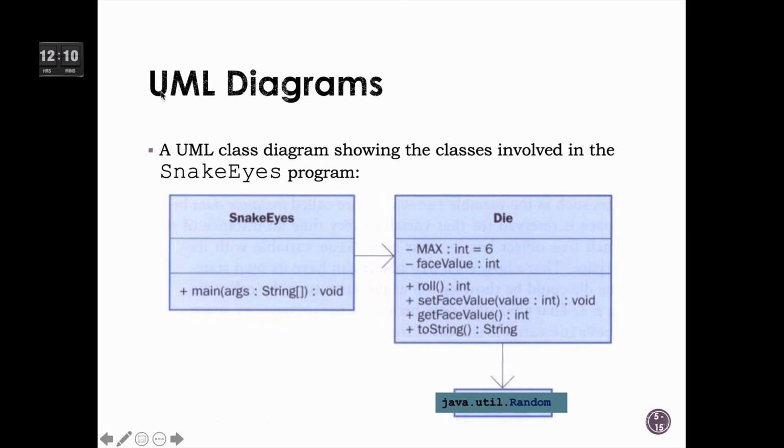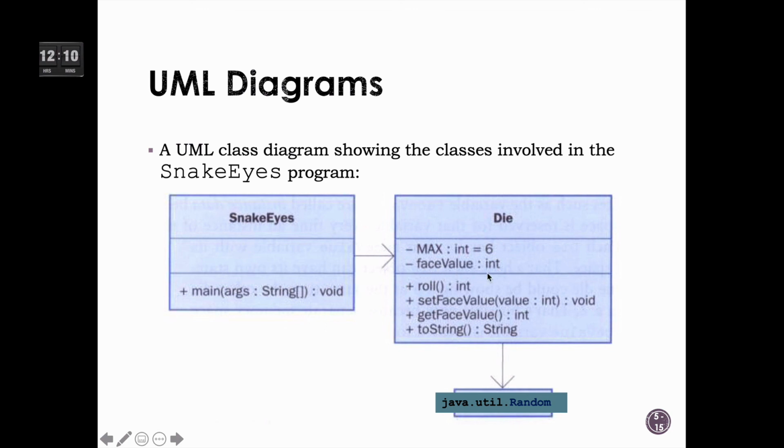Now, a quick way of understanding what a class contains and how it is used is through these UML diagrams. Let's take the UML diagram of a die. This box here describes the class die. This is the name of the class, and it tells you the instance variables that it has. So it has max, which is a constant with default value 6.